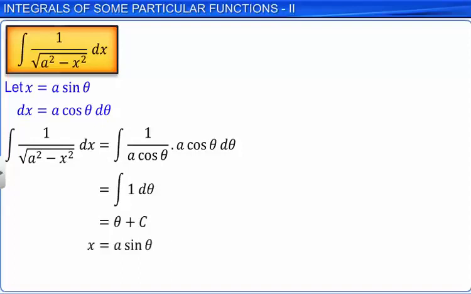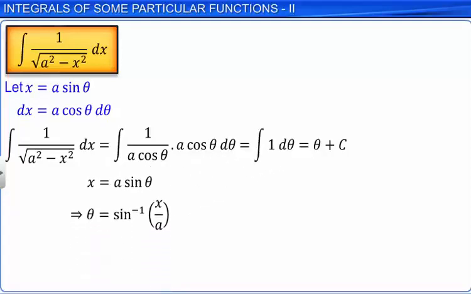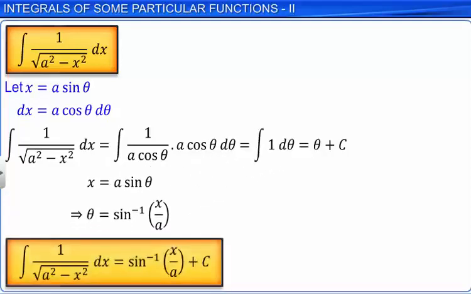This implies that theta is equal to sine inverse of x upon a. Therefore, integral of 1 upon square root of a square minus x square dx is equal to sine inverse of x upon a plus the constant c.